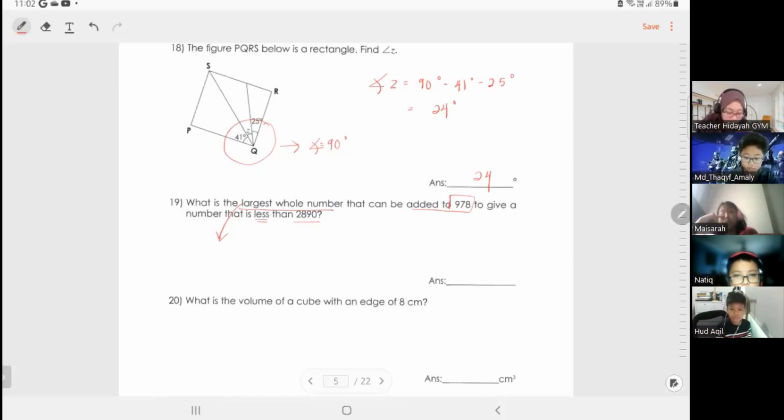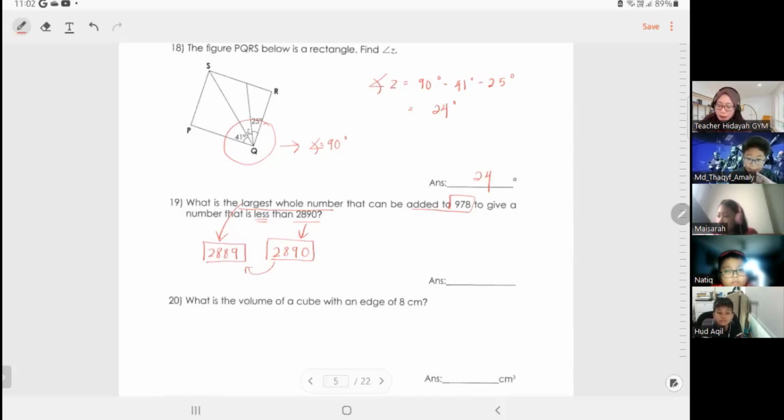So you want a whole number that is less than 2890. That will be 2889. 2890 is the biggest number that is given here, right? So which is the largest whole number? The number before it. Just one number before it. Understand? That's what it meant actually.